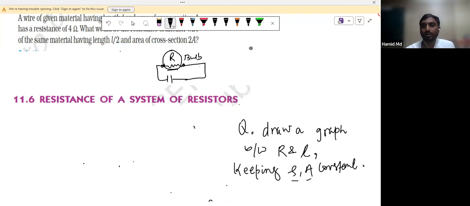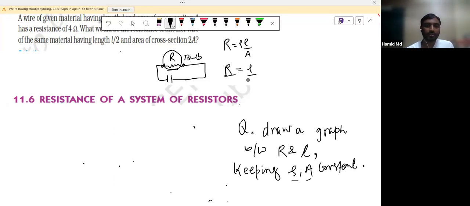So how will we do this? R is equal to rho L over A, right? We said that rho and A are constant, so it will be modified like R is proportional to L. The rest of the things are constant, right? So what is the relation between R and L?